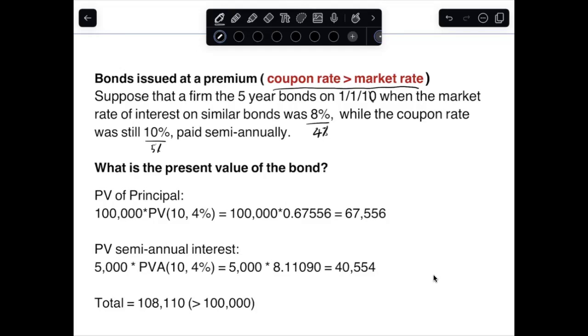Let's do the same thing with the value of interest. 5,000.